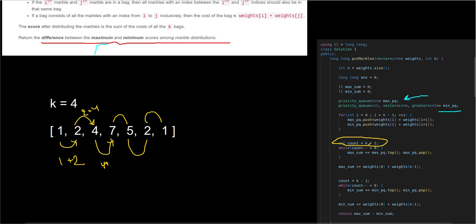So we set the count equal k minus 1. Now maximum sum, we add this to the maximum sum. So we find we added the 3 maximum pairs, and also we need to add the 2 weights on the corners, because as we said we have 4 segments.